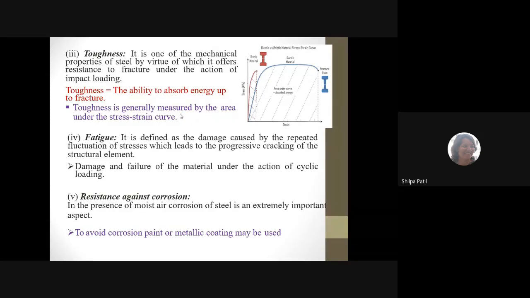When fatigue develops, the material loses its ductility, behaves like a brittle material, and fails easily and in a brittle manner. So fatigue is a very harmful condition.